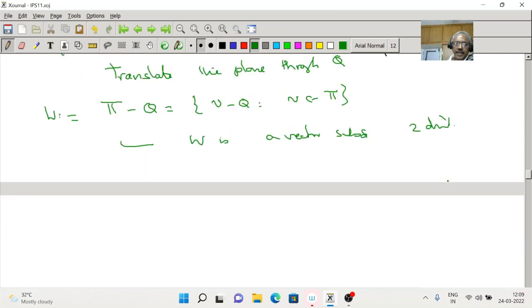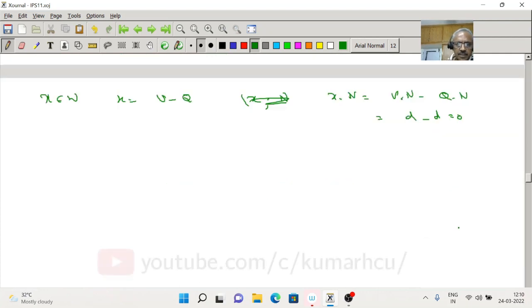Okay, why? Notice that if you start with any vector x in w, which is of the form v minus q, x equal to v minus q, then notice that x dot product with n is v dot n minus q dot n, and v is in pi, q is also in pi, therefore d minus d, which is 0, right?